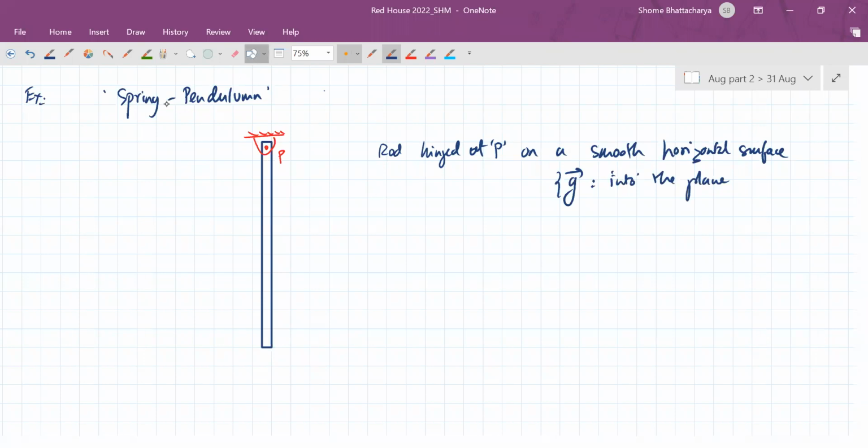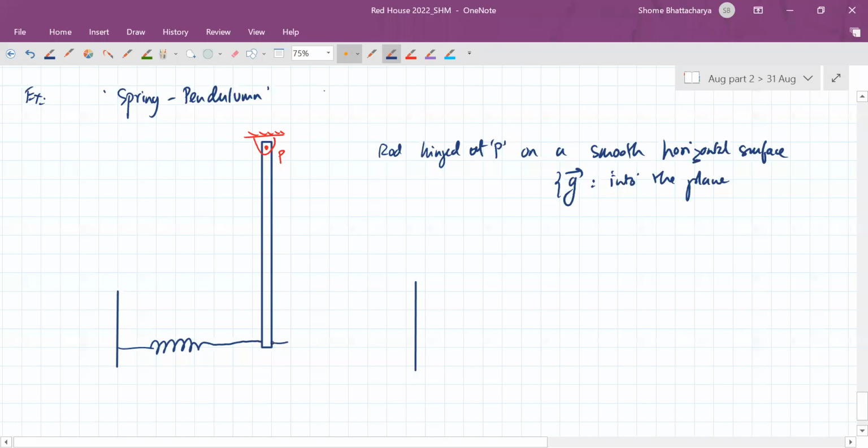Now let's say at the other end point, on both sides, we have attached two springs, which in this position are at their natural length. The springs are oriented perpendicular to the rod, and both of these springs have the same constant K, and they are both at natural length in this situation.